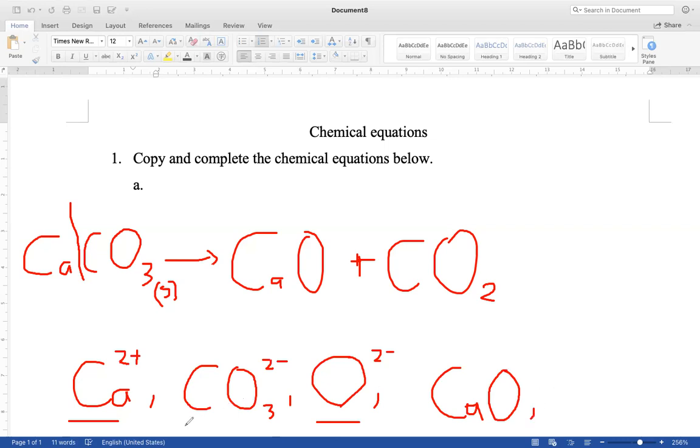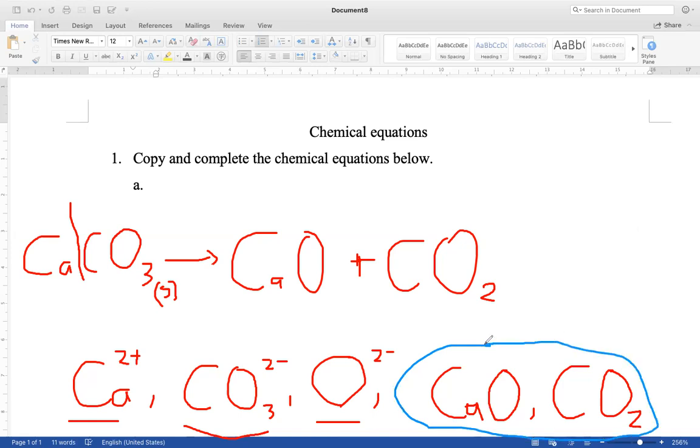So when the carbonate is allowed to be reduced to carbon dioxide, this carbon dioxide is neutral. So what is formed from this chemical reaction are these two.